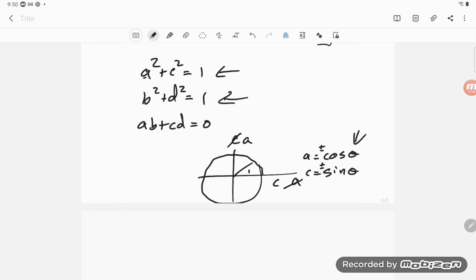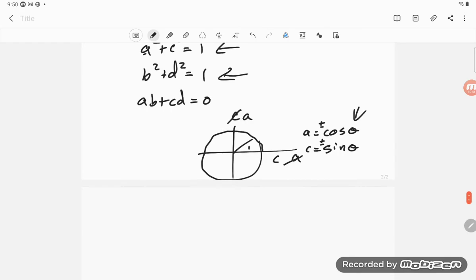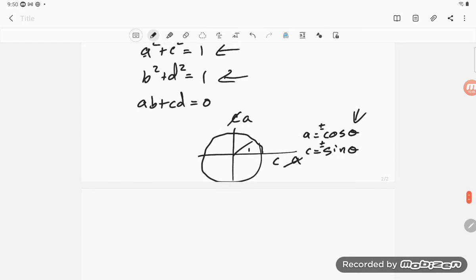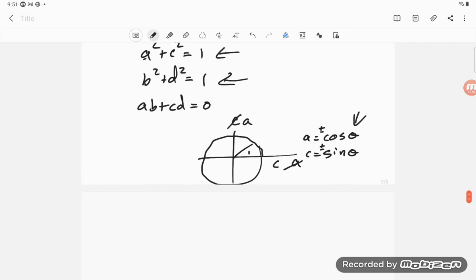And then we need the AB plus CD to be 0. So notice then that if say we choose A to be cosine theta, then B would have to be either a plus or minus sine theta, and then C and D.